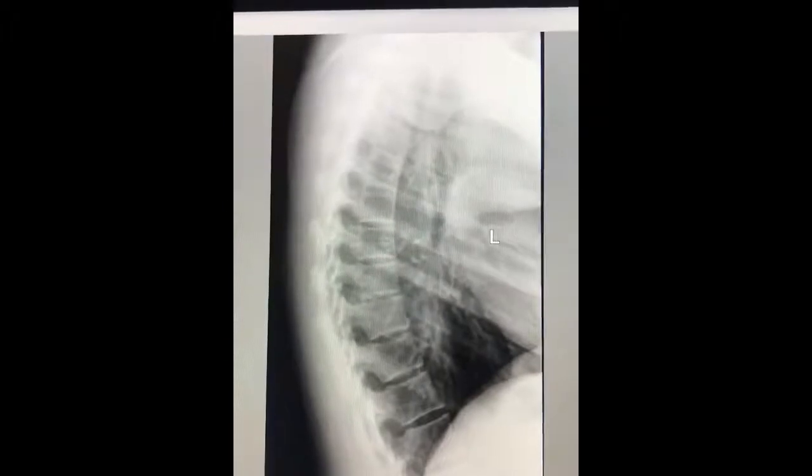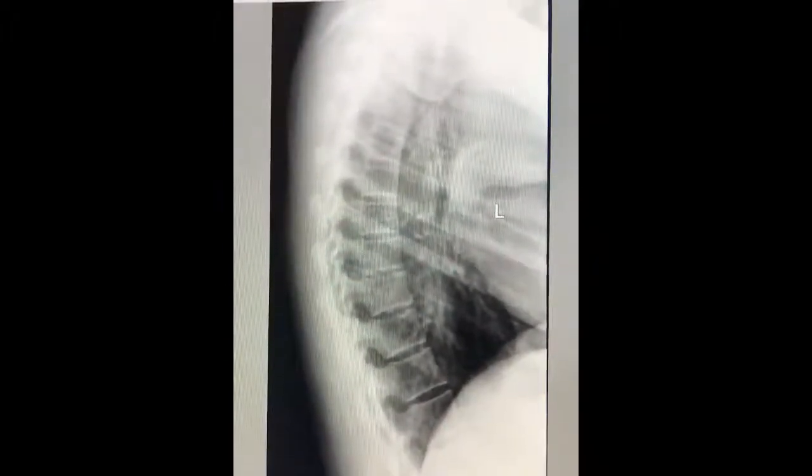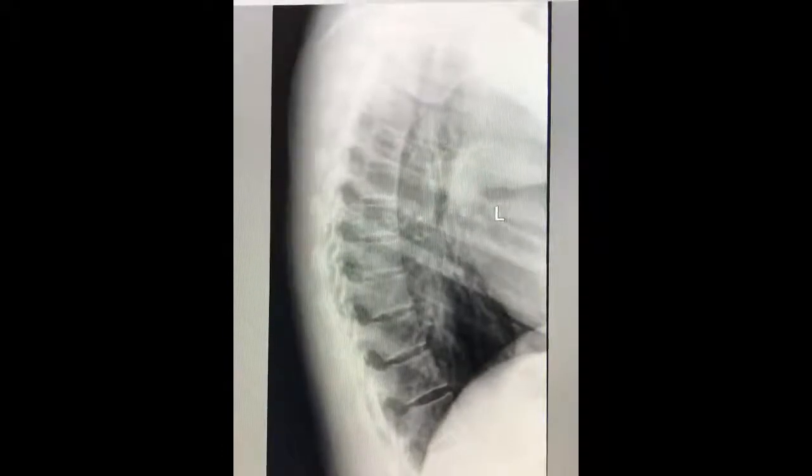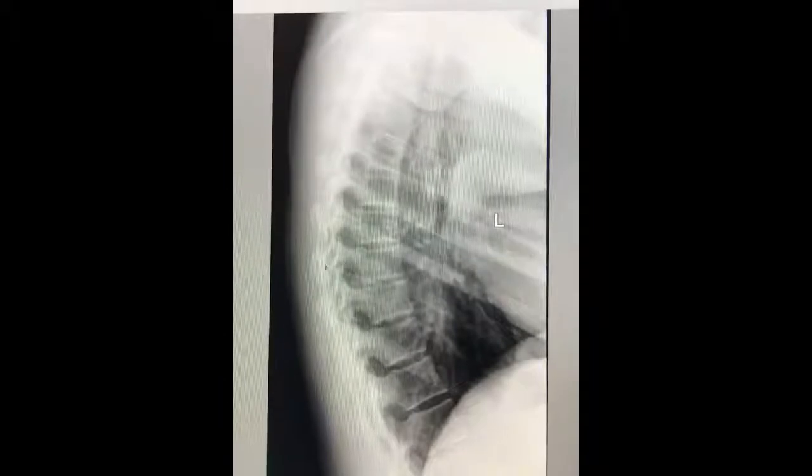Okay, so take note that on your lateral view of the T-spine, when you're setting an exposure, you must consider the thickness of the upper portion of your T-spine in the lateral position, because the shoulders being superimposed tends to increase the thickness of that area compared to the lower portion of the T-spine.